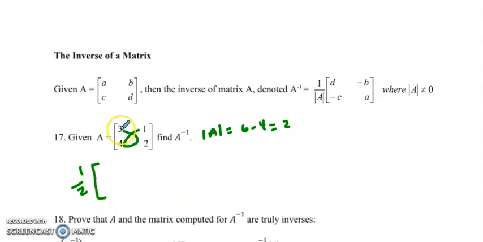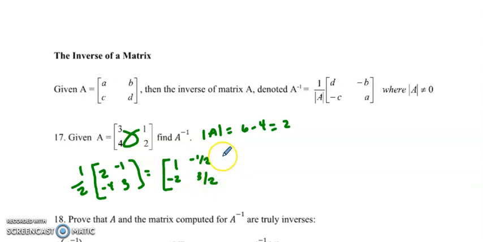And then my matrix, remember, I'm going to swap the values along the main diagonal. So I have a 2, then a 3. And I'll negate each of the values in the opposite diagonal. So now when I multiply through by 1/2, I get 1, -1/2, -2, and 3/2. And that will give me the inverse of matrix A.